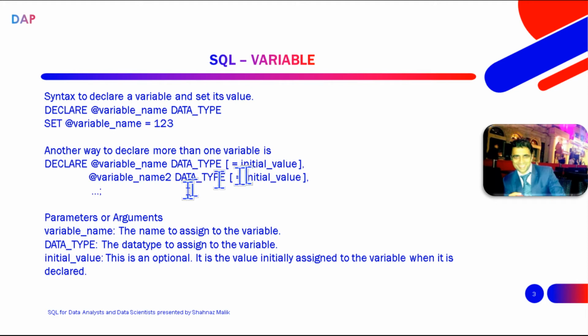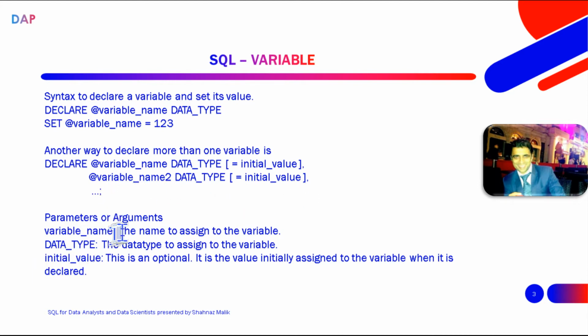But when you are declaring more than one variable, all you have to do is the same thing, but put a comma, and then the at symbol again, another variable name, data type, and give an initial value, and then a comma, and so on, and it ends with a semicolon.